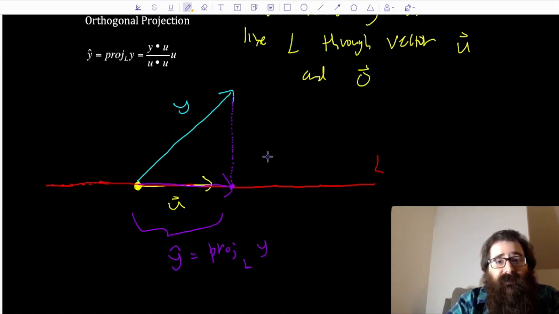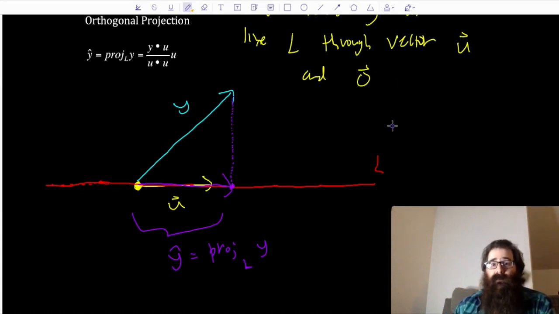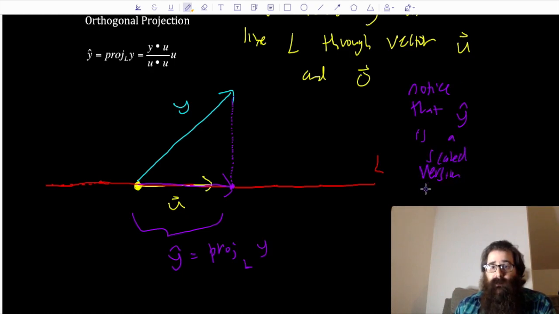There are a few things that I can say about this. Let me go over here and write a note. Notice that y hat is a scaled version of vector u.